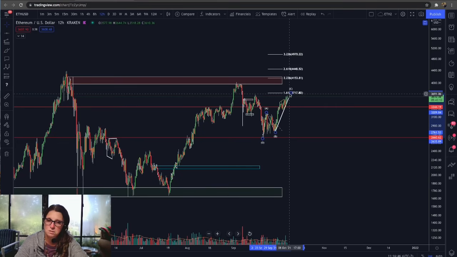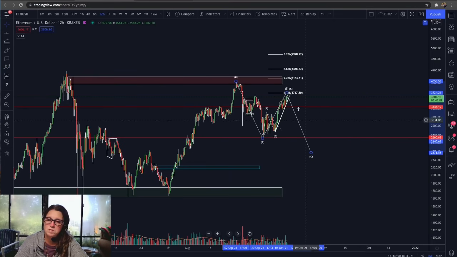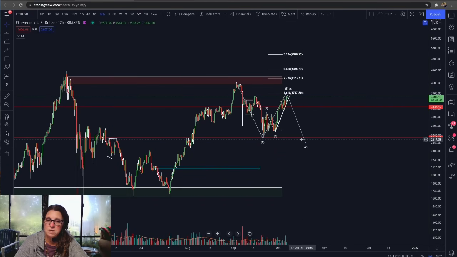If it doesn't, then we have the potential for this to be a 3-wave A, 3-wave B, and then we're coming down for C, which would still be bullish. Okay, because I don't think this C would break this low. But that's a count.